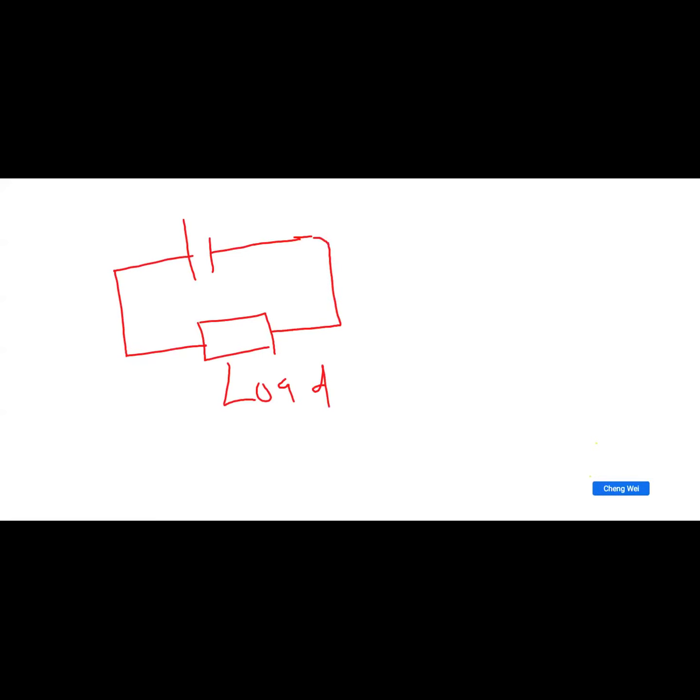If I have a battery like that, I connect it to a certain load. Load can be anything that you connect to a battery. It can be an electric appliance or anything that uses current. When you connect a battery, the negative terminal produces electrons, not so?